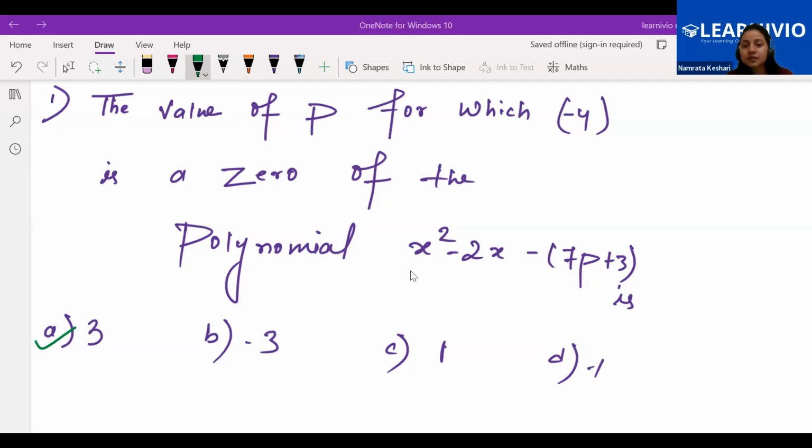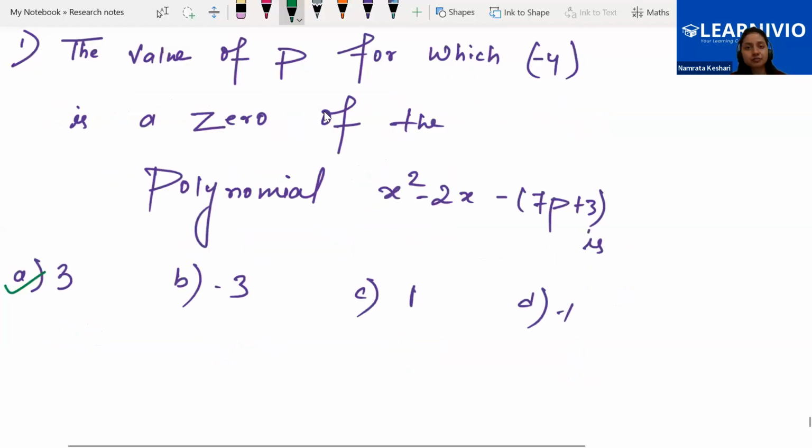Is it A? Option A you are saying, Zunaid? Let's check it. The value of P we have to find, for which -4 is a zero. We know this is a quadratic polynomial. There will be 2 zeros.